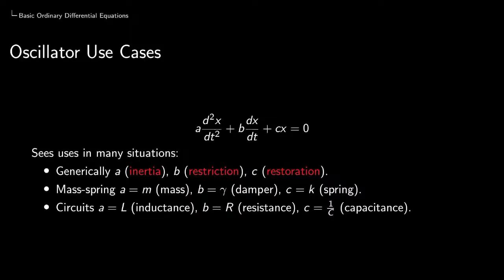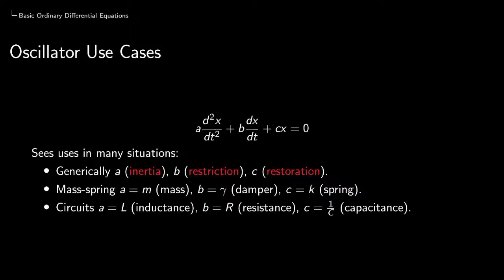Similarly, the second term, B, is equal to R, which is often a resistance or conductance. It basically says, you're flowing through a wire, you're bumping into atoms or some other material, and you are going to slow down because you're bouncing off all of these.